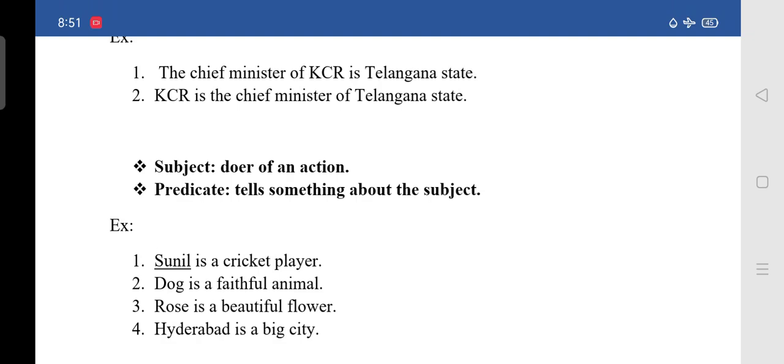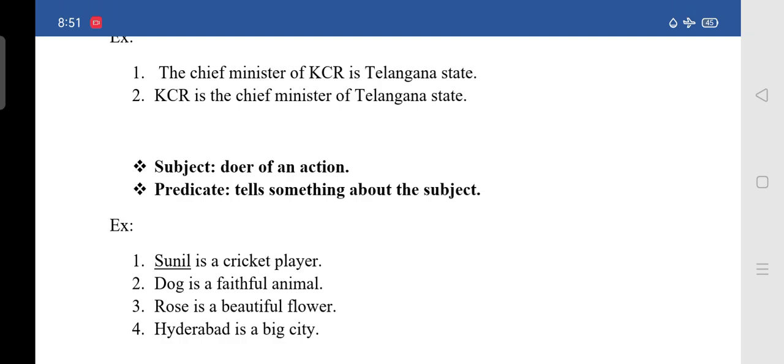Here rose is the subject, and is a beautiful flower is telling about the rose. How is the rose? Rose is a beautiful flower. So rose is the subject and is a beautiful flower is the predicate.